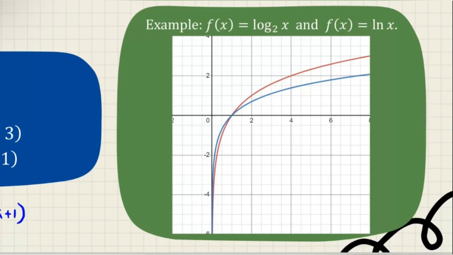Graf yang warna merah ini adalah graf kepada y = log base 2 of x, ataupun log x with base 2. Yang warna biru ini adalah graf kepada y = ln of x.